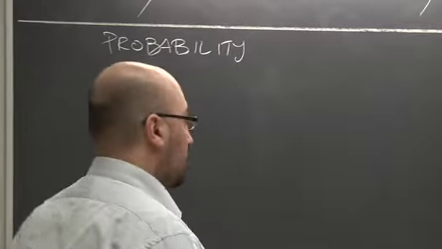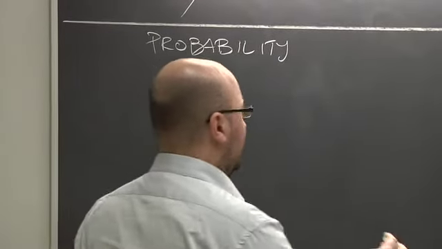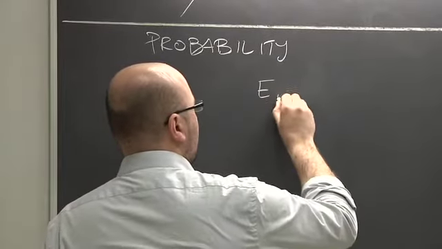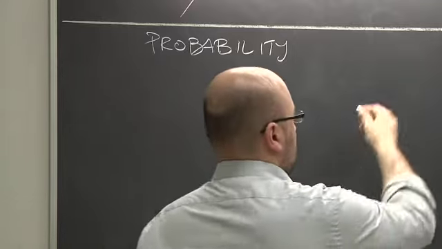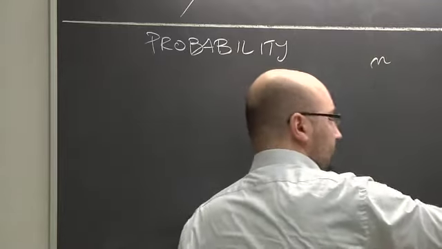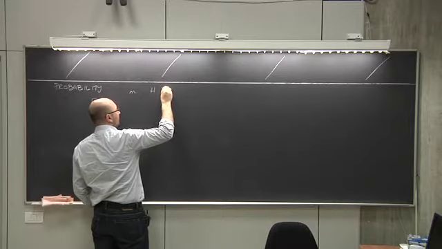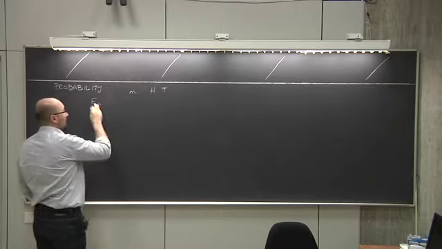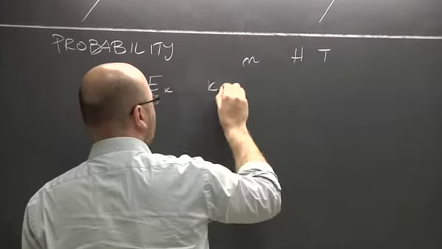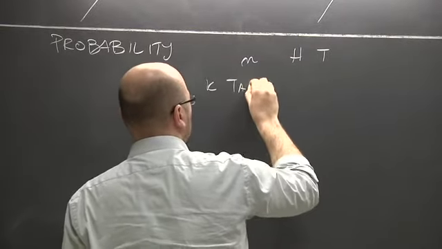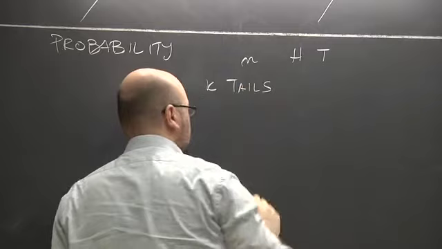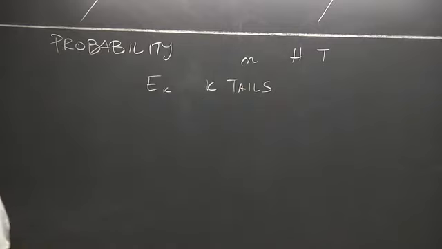So if we have an event E_k, we toss n times a fair coin, and we ask whether E_k is the event in which we have k tails, for example. Exactly k tails, not at least k tails. Okay.